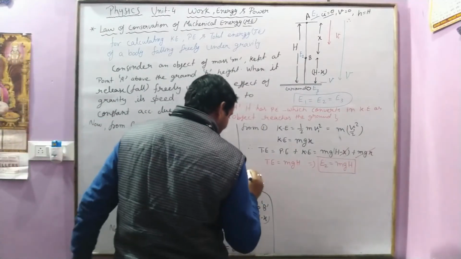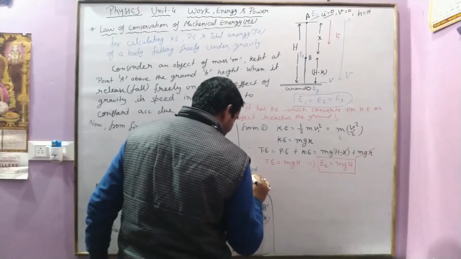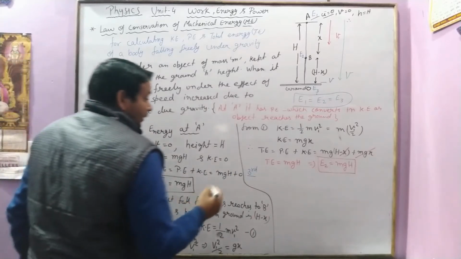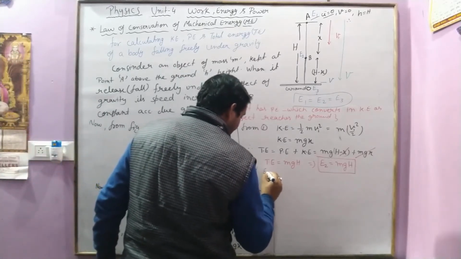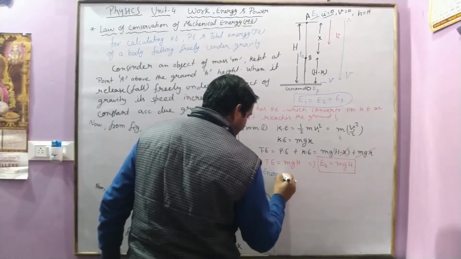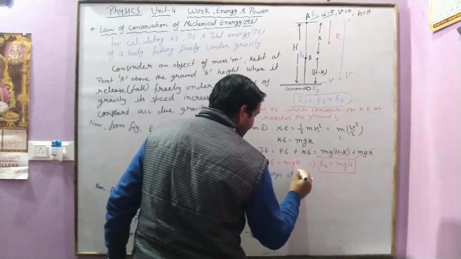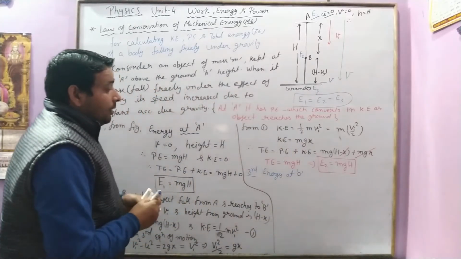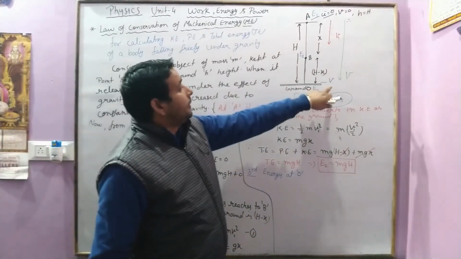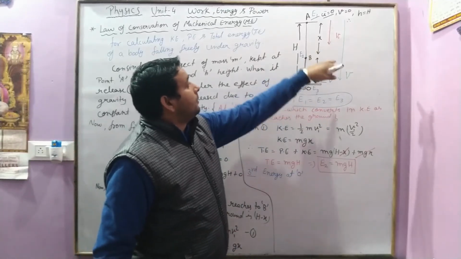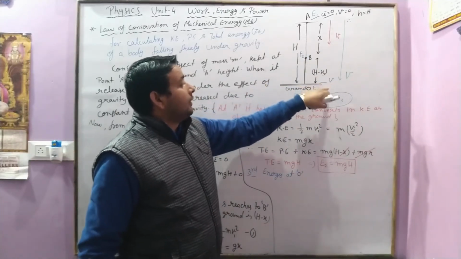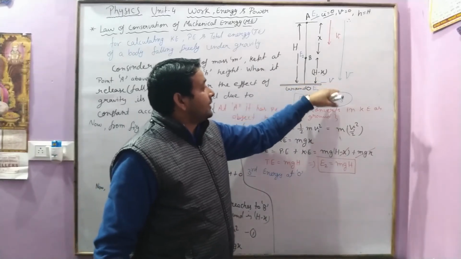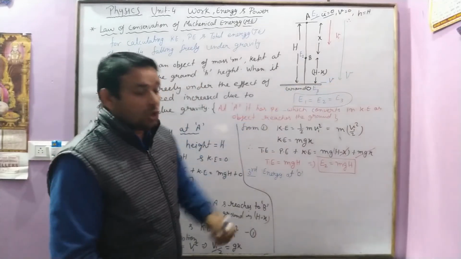And third, energy at C, energy at O. Okay, at O, the object has reached the ground, and before it hits the ground it has the final velocity.